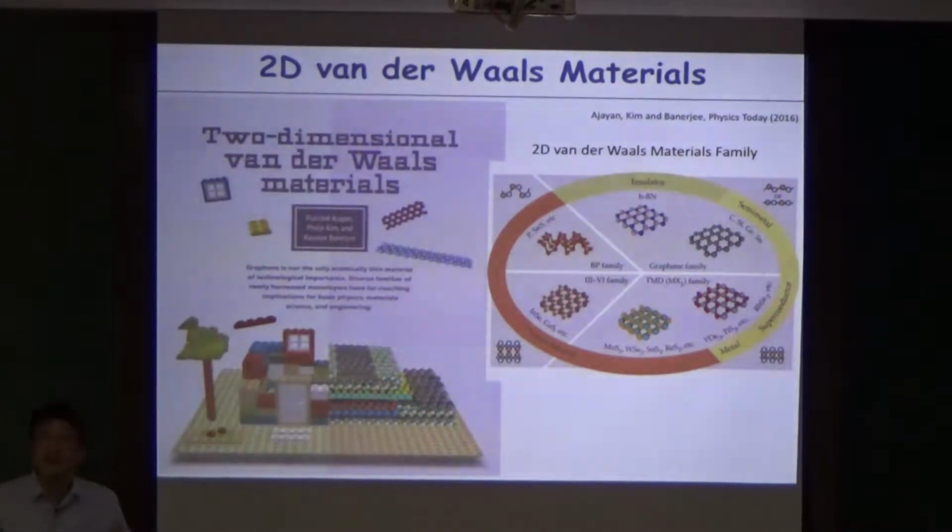Hence the name van der Waals materials. But the key important part is, since all the chemical bonds are within the atomic layer, in principle, this atomic layer can be extracted or grown, by whatever method, but an isolated atomic layer is possible, and they are stable.